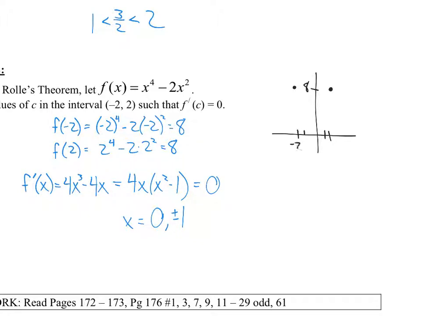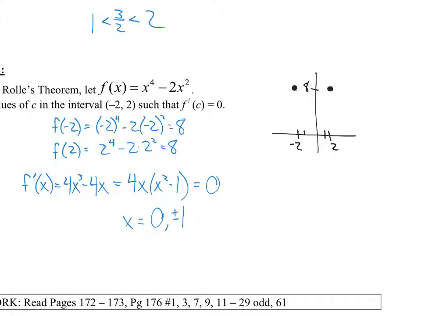Just like in the example we started with, we have 2 points that are horizontal to each other, so we know there's got to be at least one point. When you plug in the x's, you have to get the same y's.